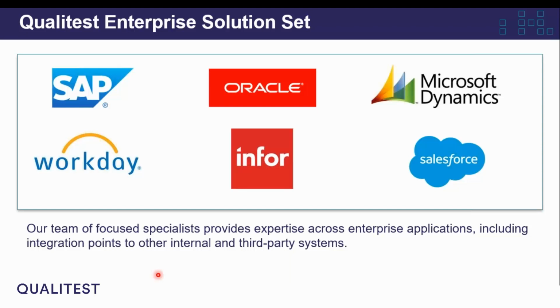Our testers go through the same certifications on the platforms as implementation consultants, and that allows us to get under the skin of the various implementations, understanding what the business impact is, which then enables us to target what to test and how best to test it. We'll cover some of those items shortly.